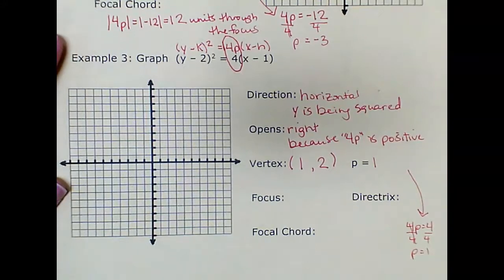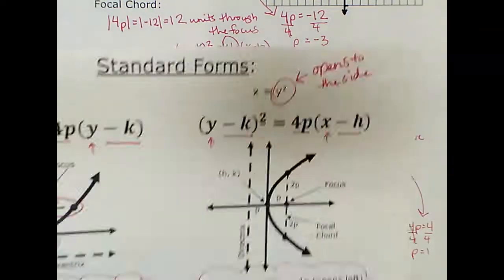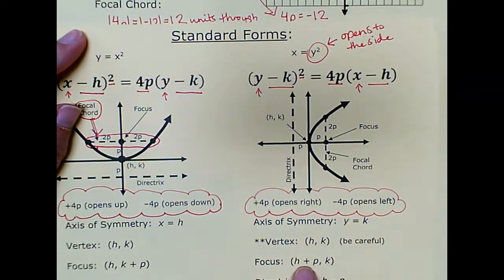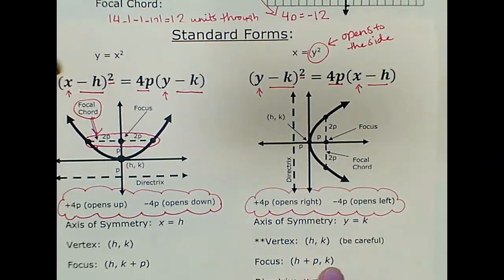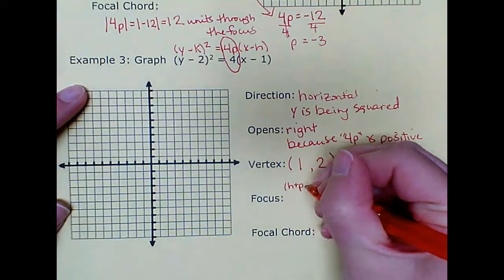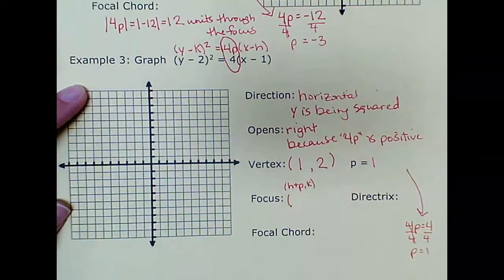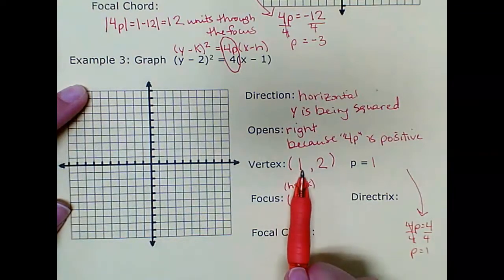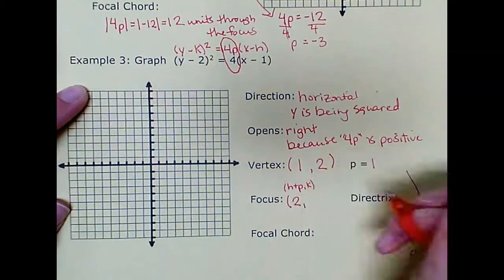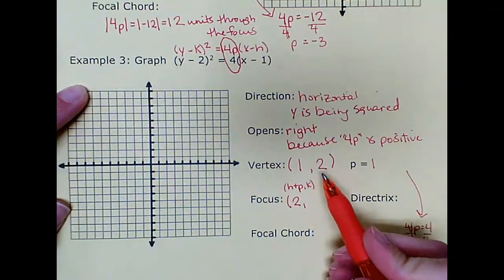My focus, I don't remember how to find. So I make sure I look at the correct type of graph. And my focus is (h + p, k). So h is 1, p is 1, so 1 plus 1 is 2, comma k, which is also 2.